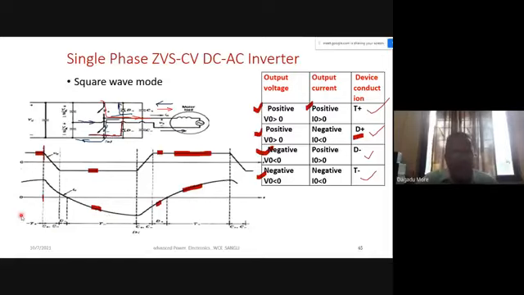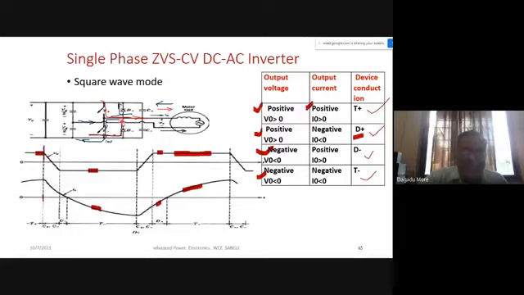And here we mark the device conduction. First D minus is conducting, and then we turn on the T minus. This is the instant where we mark D minus as conducting, and then T plus is conducting after that.